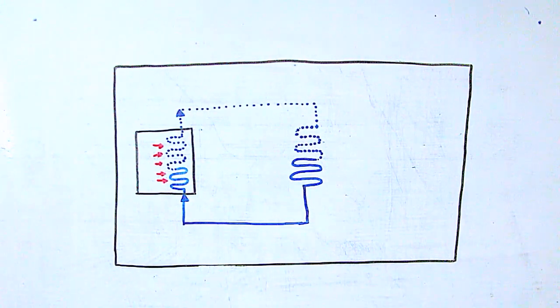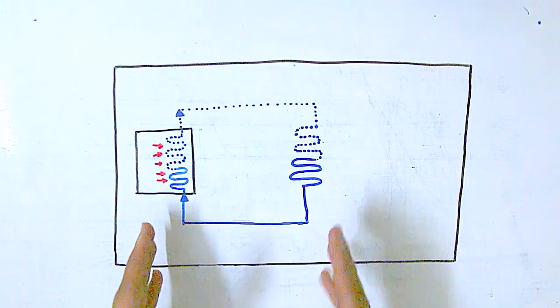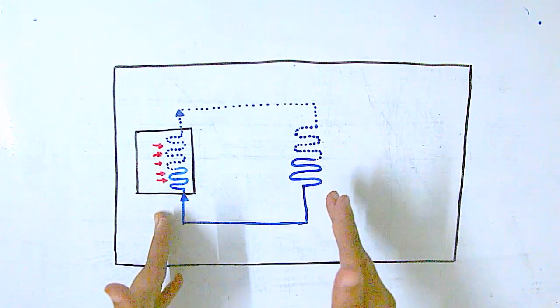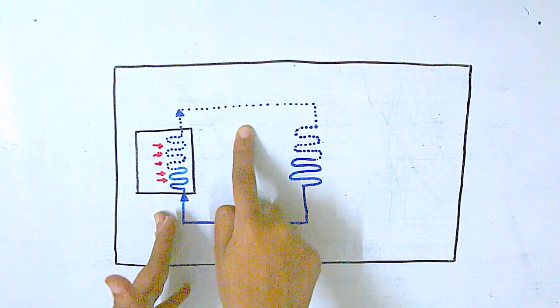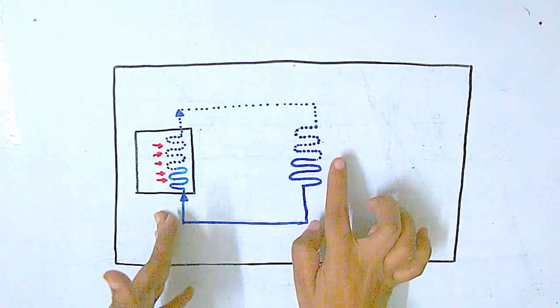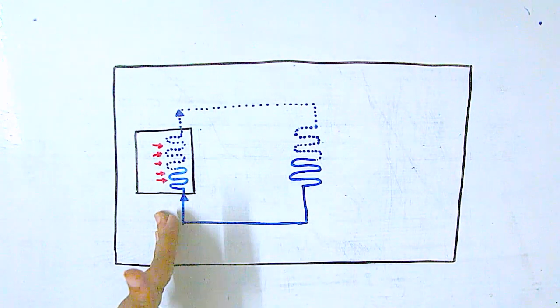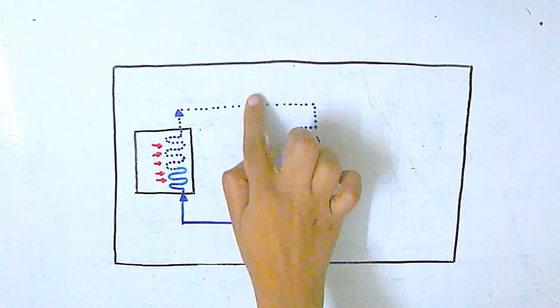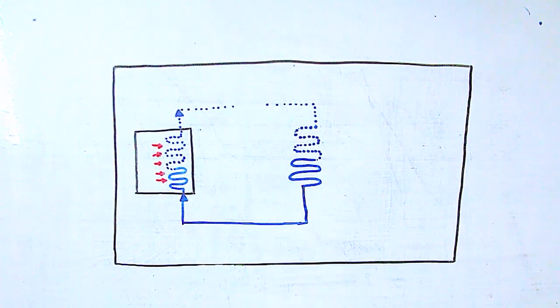So, the way to fix that is somehow between the evaporator and the condenser, we have to find a way to increase the temperature of the refrigerant before it reaches the condenser. To do that, we have something amazing called a compressor.